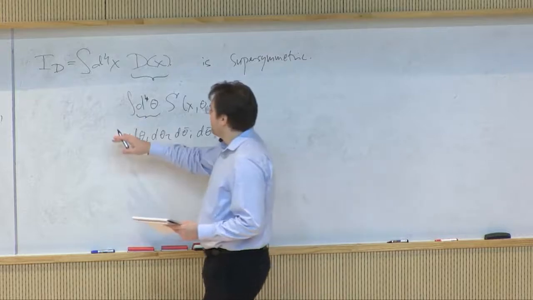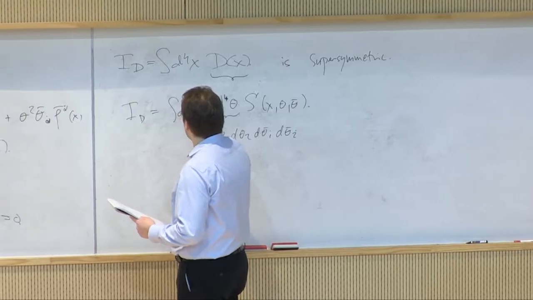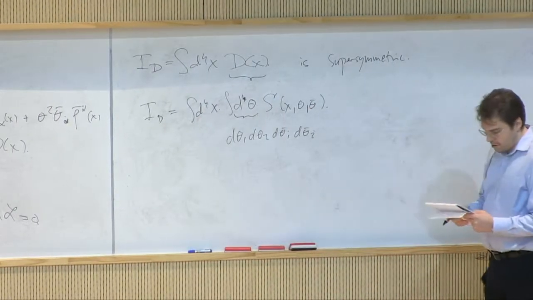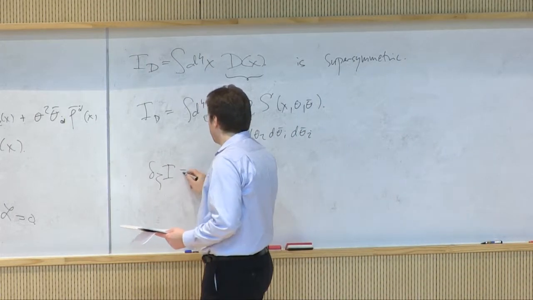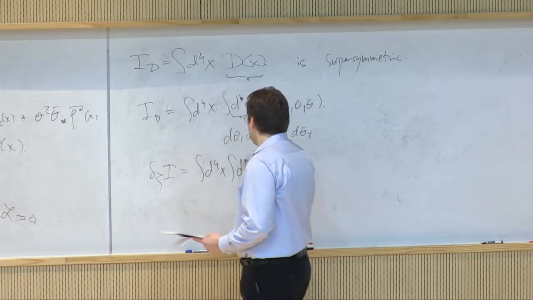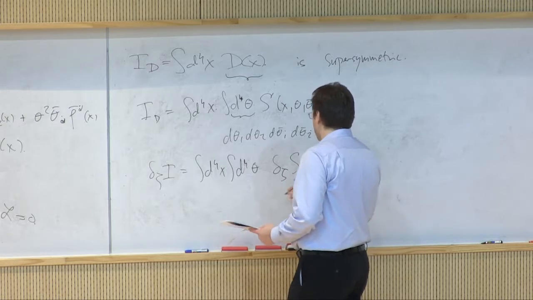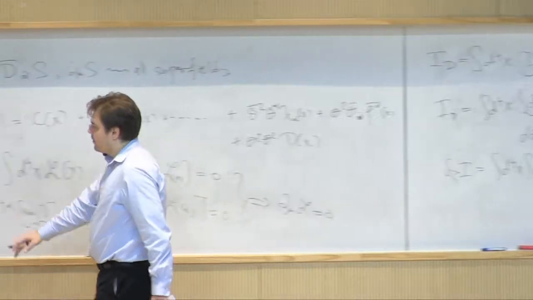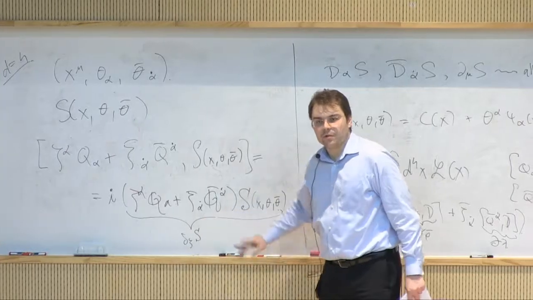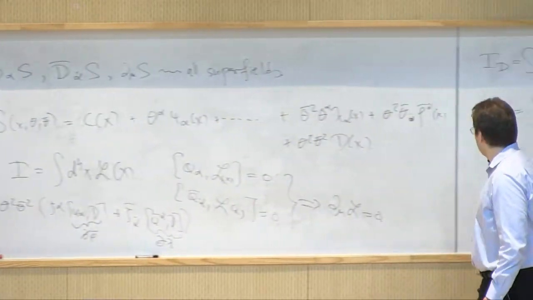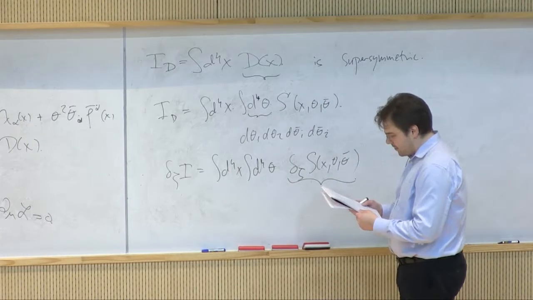Okay, so now let's instead use this formula to check very easily that this D-term Lagrangian is indeed supersymmetric. If you want to compute its variation, its SUSY variation, you just act with the variation under the integral sign. And then you use this rule, which is that the SUSY variation is given by the action of the boldface Q and boldface Q bar differential operators acting on S. Now, I'm not going to write that out again, except schematically.